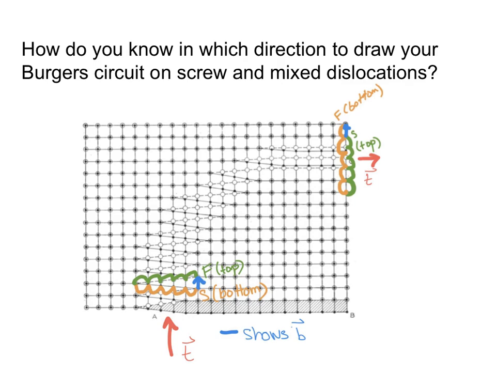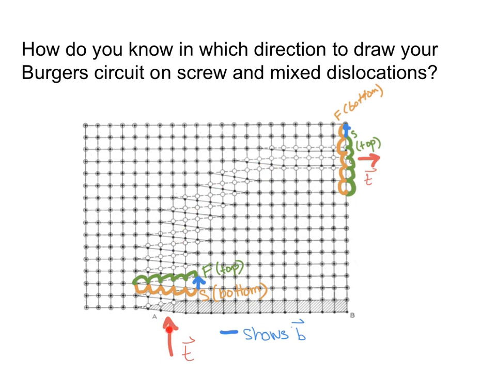So this is that in-class problem that we didn't get to, but which I handed out for you to practice, and this is a partly edge, partly screw, partly mixed dislocation. So the dislocation line kind of traces right along here. You'll notice that I have defined t, the dislocation line, to be in this particular direction. We could, again, have easily defined it to be in the opposite direction, but I didn't do that.